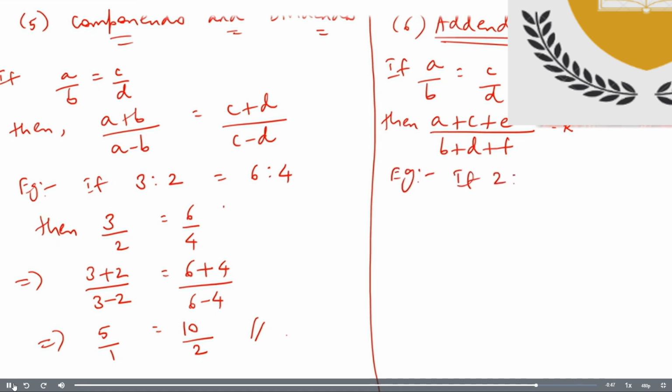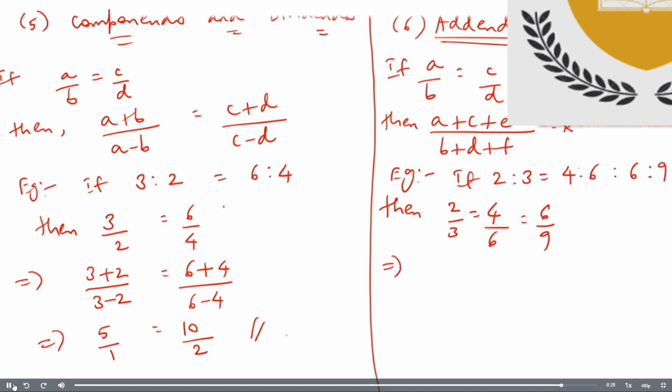Let me take you through an example. If 2 ratio 3 is equal to 4 ratio 6 is equal to 6 ratio 9, then 2 by 3 is equal to 4 by 6 is equal to 6 by 9.